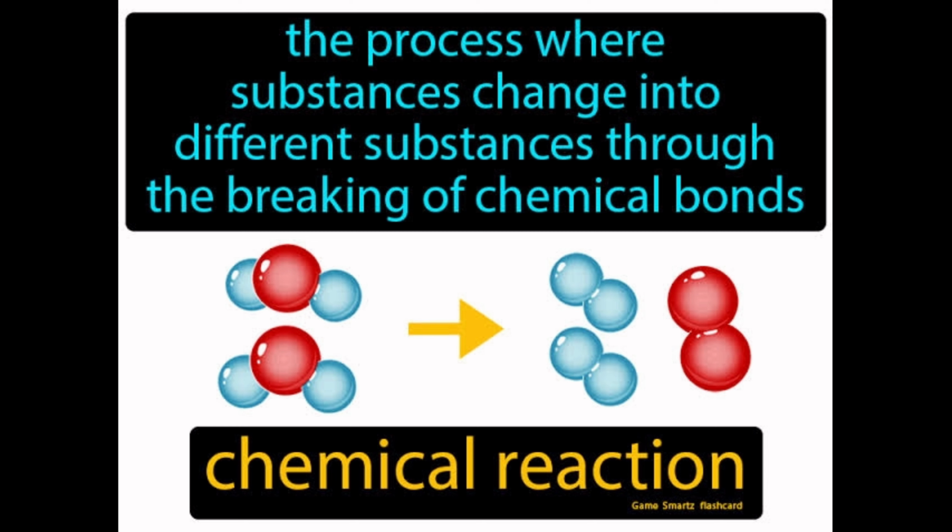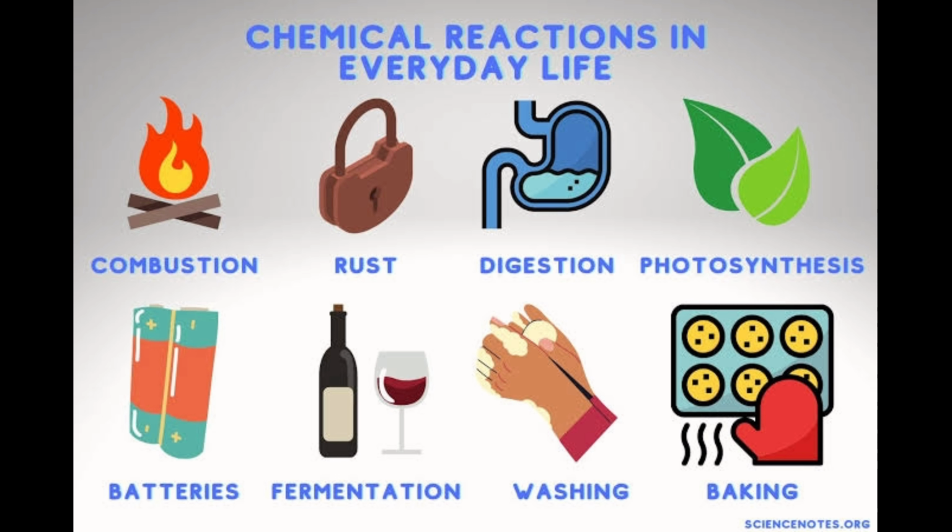Or I can say the process where substances change into different substances through the breaking of chemical bonds. In our daily life many chemical reactions are going on which we are not aware of: combustion, rust, which we call jung in Hindi, digestion, photosynthesis, batteries, fermentation, washing, baking. All these are types of chemical reactions.